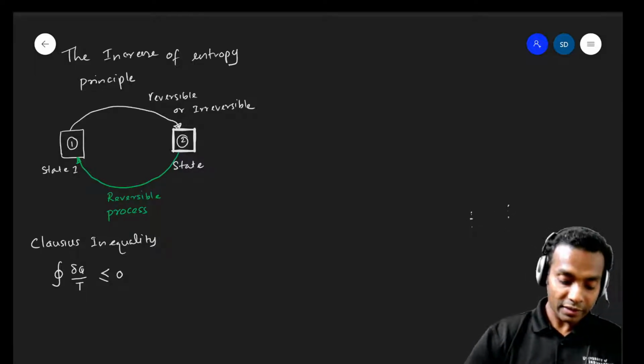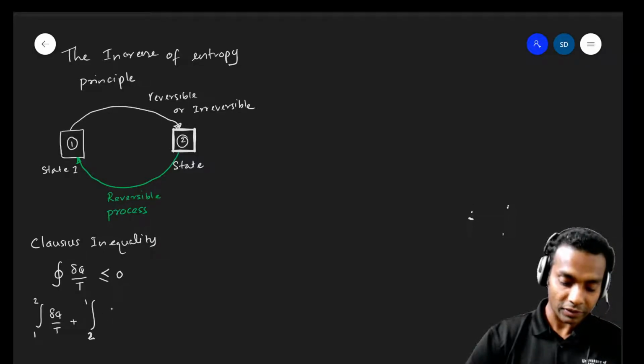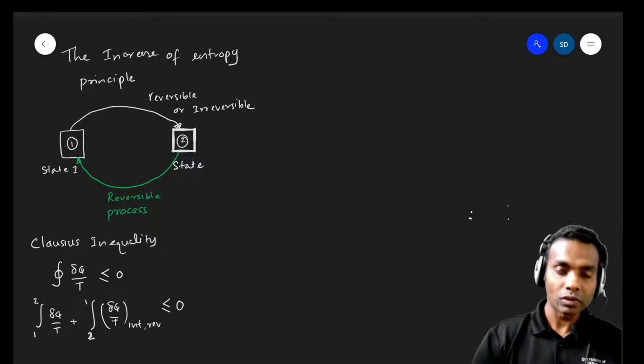And then we can write, process 1 to 2 dQ over T plus process 2 to 1, that is an internally reversible process, dQ over T internal reversible, and that according to Clausius inequality should be less than or equal to 0.